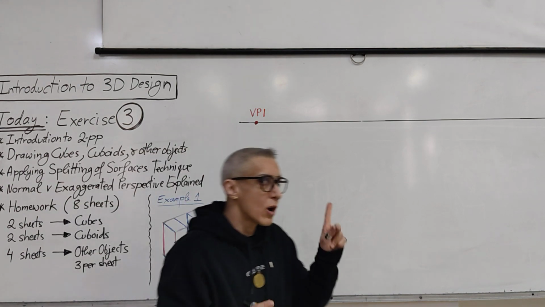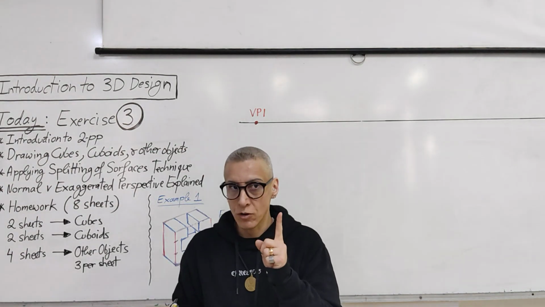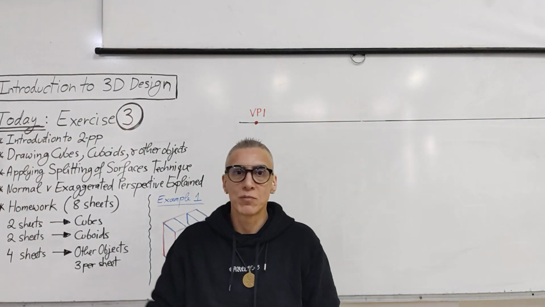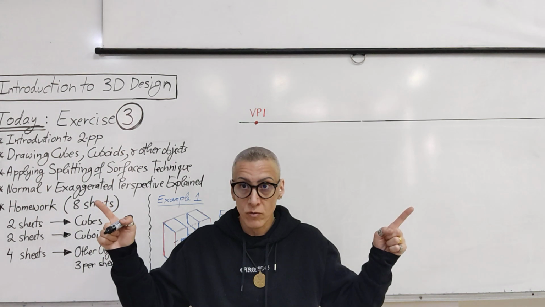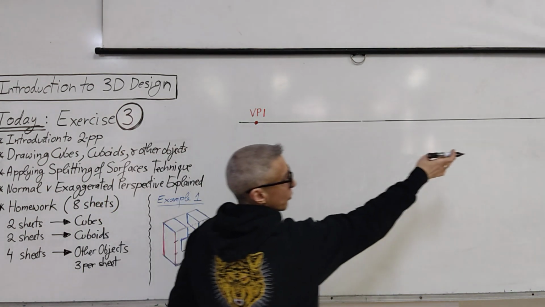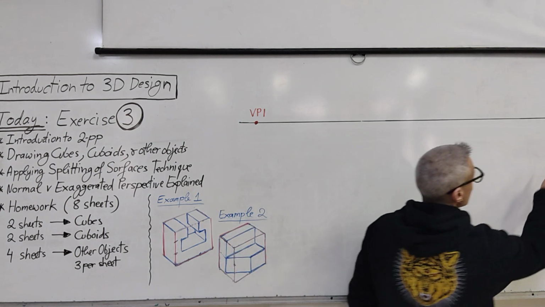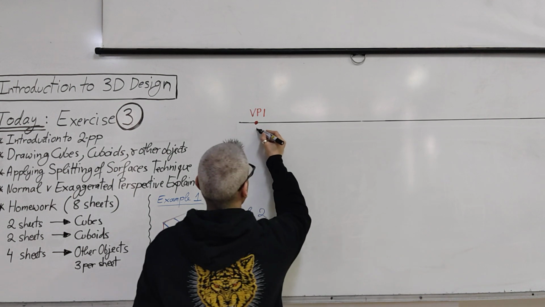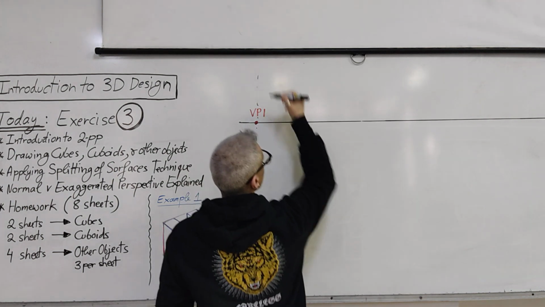Now, when you have one vanishing point, you have all the space, basically endless, around you where you can put objects. But when you have 2 points, you are limited in this space. So here is 1 point, for example, and here is the other. I'm limited only if I put a straight line down from here and a straight line down from here, and of course this goes up as well.